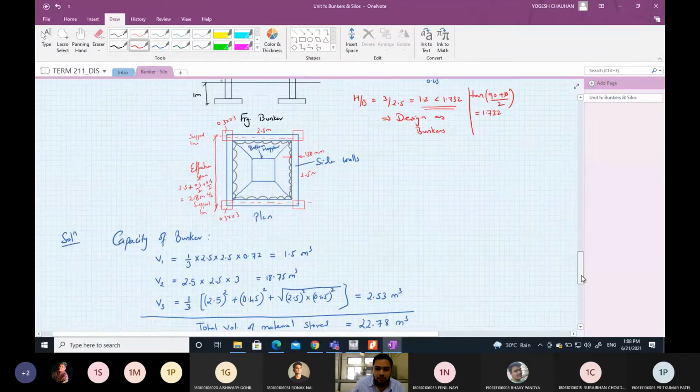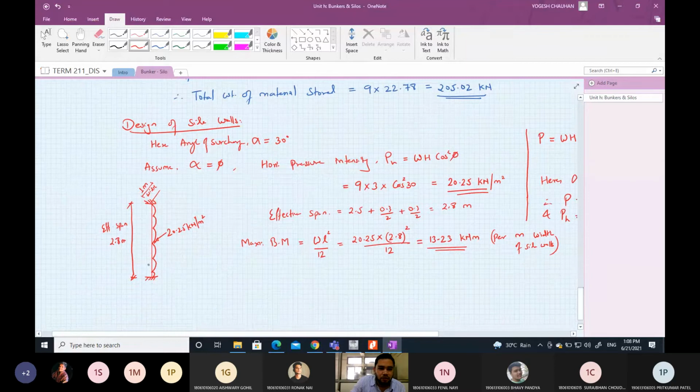So the center to center span would be 2.5, that is the clear span, plus half the width of the column, that is 0.3 by 2, plus half the width of the column on the other side, 0.3 by 2. So this will give you 2.8 meter. Now you can find the bending moment for this fixed beam, that is WL square by 12. So it is 20.25 into 2.8 square by 12. So it will be 13.23 kilonewton meter per meter width of the slab.